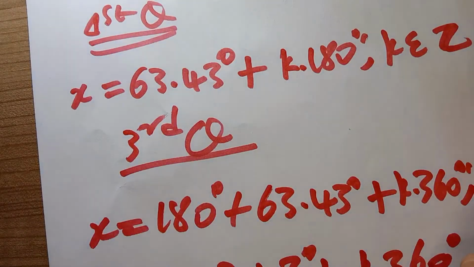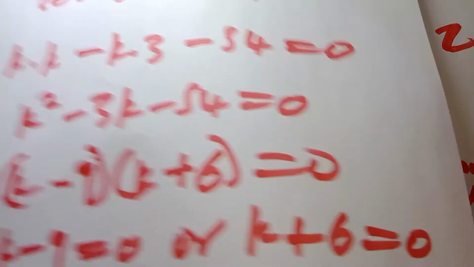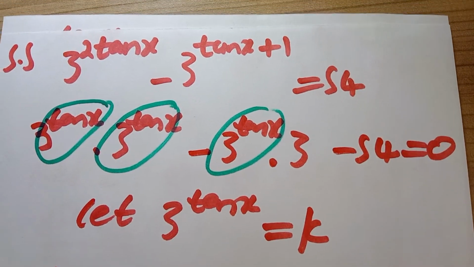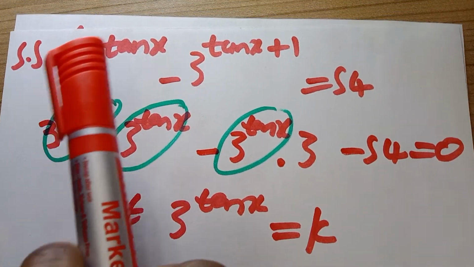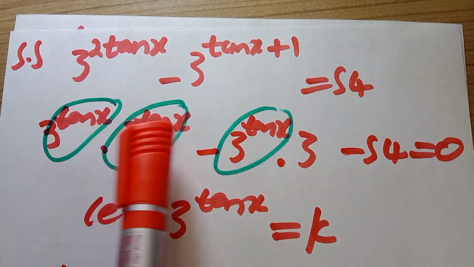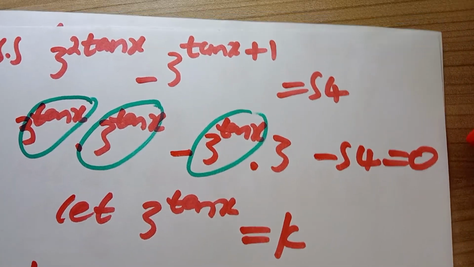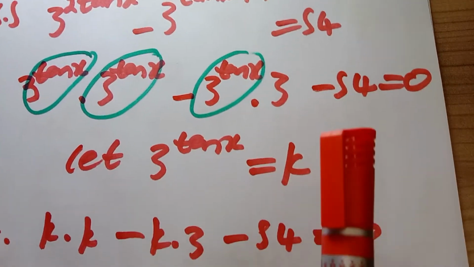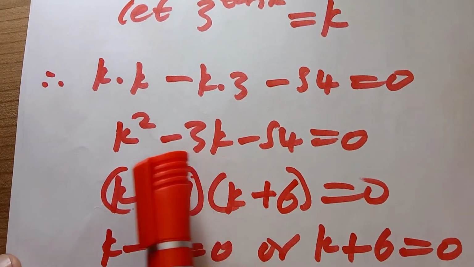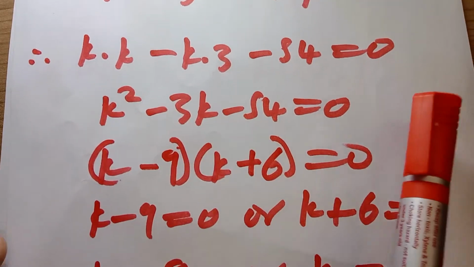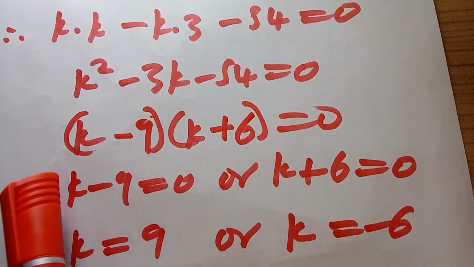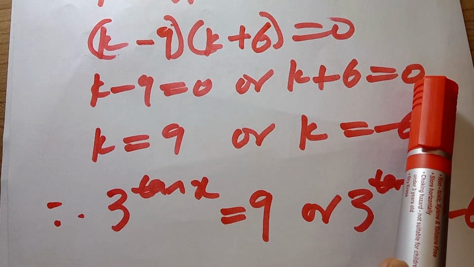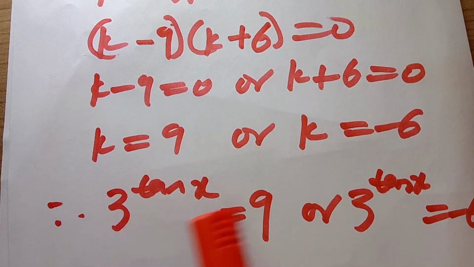Okay, let's recap. We started somewhere here, where we expanded it like that for it to be more visible. Then we said let this equal k, then we substituted, then we had the quadratic equation there, then we factorized, then we said k equals that or that, then we replaced back k by that.